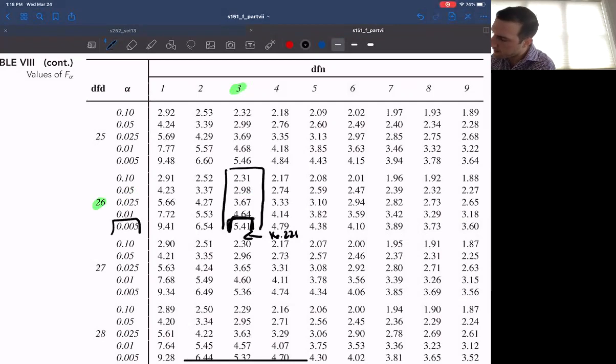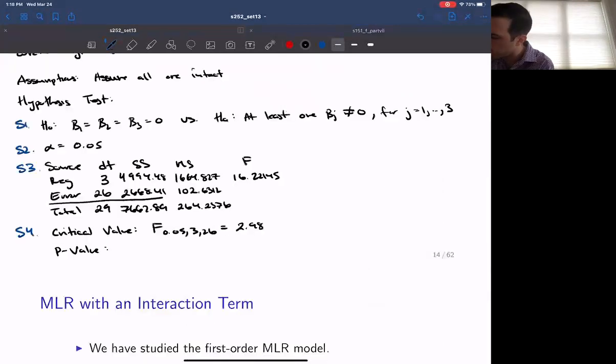So that means that the p-value is going to be smaller than 0.005. And so we have p-value less than 0.005. Then on step 5, regardless of the approach that we take, we can reject H0.